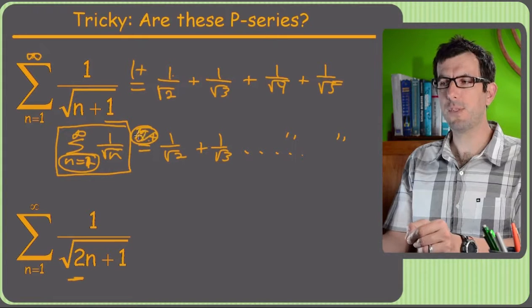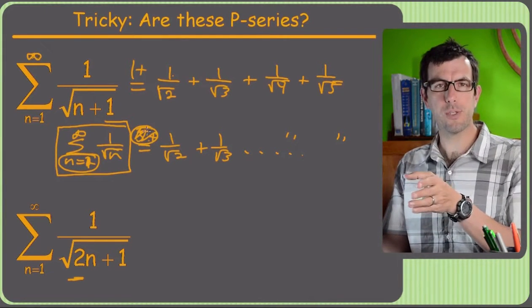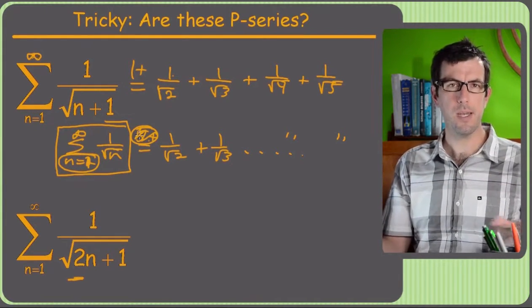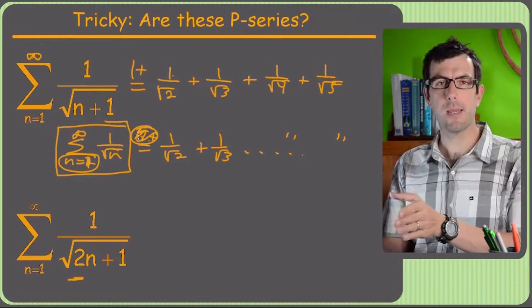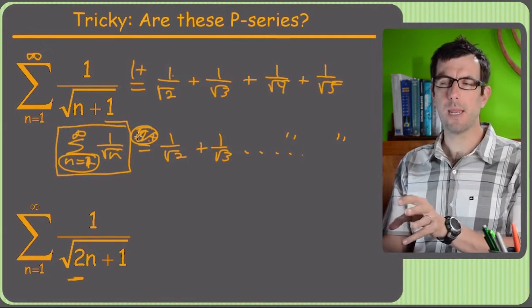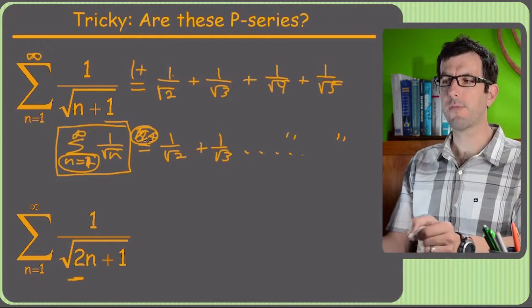So that's why if you have two series where all their terms match all the way up to infinity, with maybe just a couple different at the beginning, you can ignore the couple at the beginning when you're trying to test for convergence.